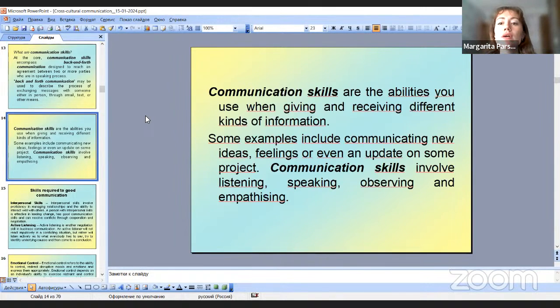The next one, communication skills, like the term: they are the abilities you use when giving and receiving different kinds of information. Information can be of every kind, positive or negative, and your ability to give this information, the words, the attitude, and the way you receive this information also show your communication skills.